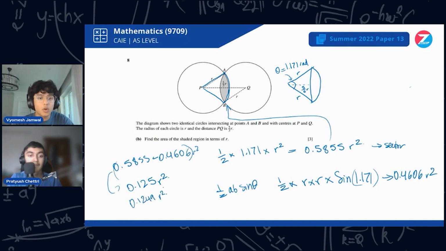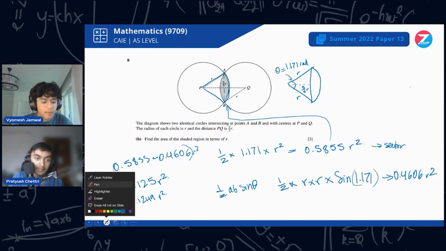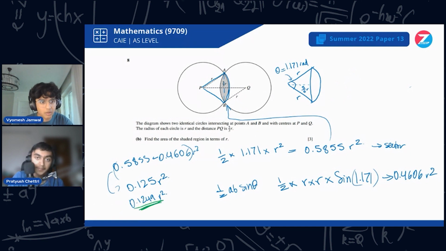And now this is what we've gotten for one of the segments. So we multiply this by 2 to find the area of the shaded region. When we do this, it's going to be 0.25 r squared. So this bit is this bit here.